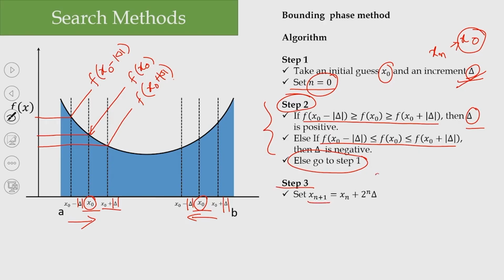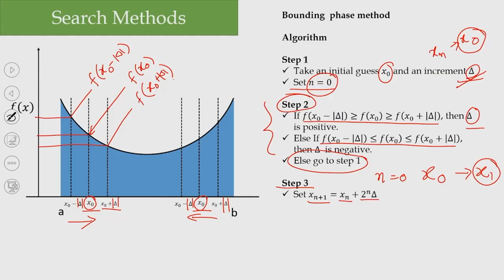Now, in step 3, what you are doing is finding the next point. Initially n equals 0, that is my x naught. Now you are finding n plus 1, that means I would like to find out what is x 1. Now, x 1 equals x naught plus 2 to the power n into delta.